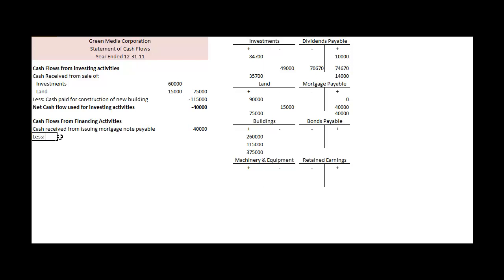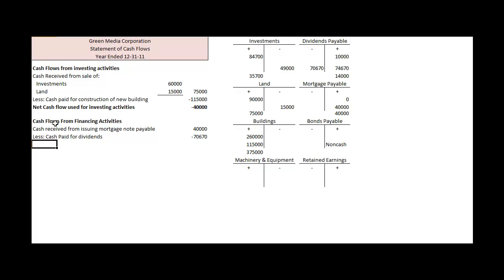So we're going to say less cash paid for dividends. Remember, I said that the dividends were right here. We figured that out before, so I don't need to have that bold. The other changes were non-cash, right? So we don't have to deal with retained earnings.